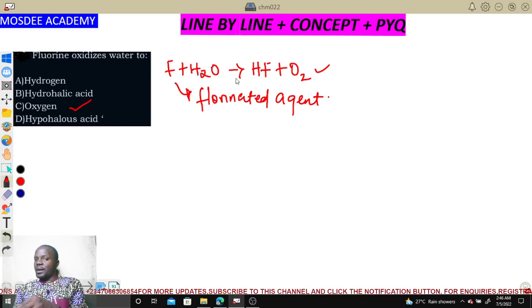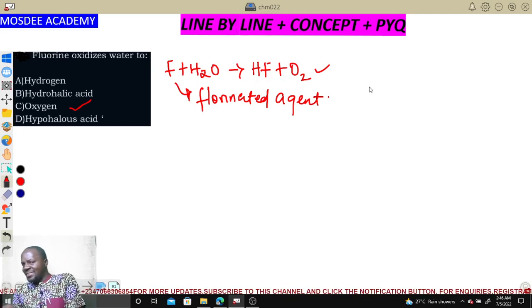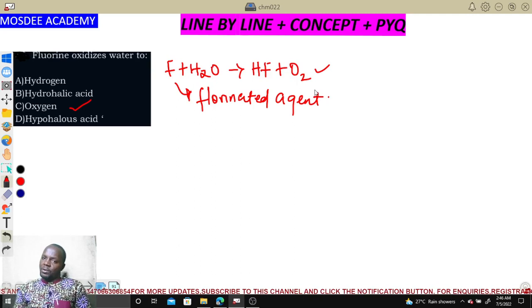So fluorine acts as a fluorinating agent and not an oxidizing agent like chlorine and iodine. So please note that, it's a very important thing you can keep.